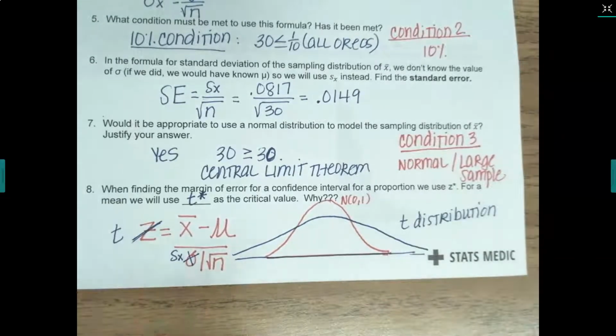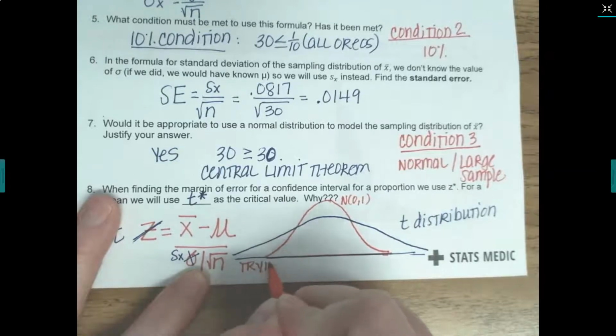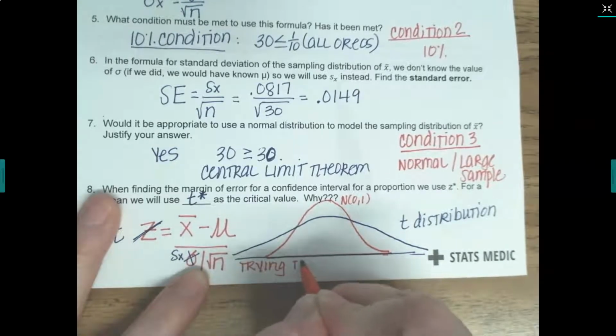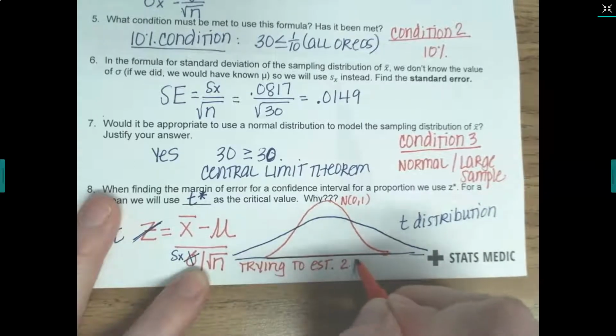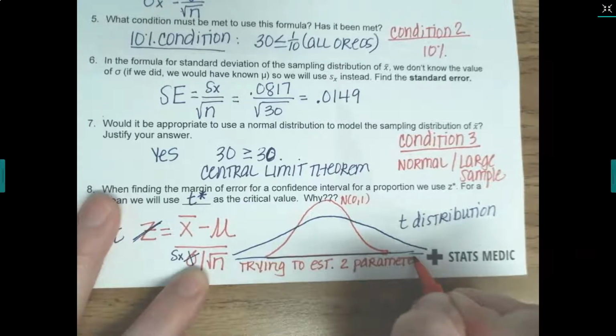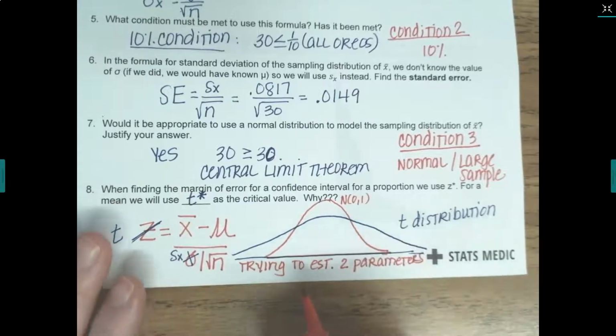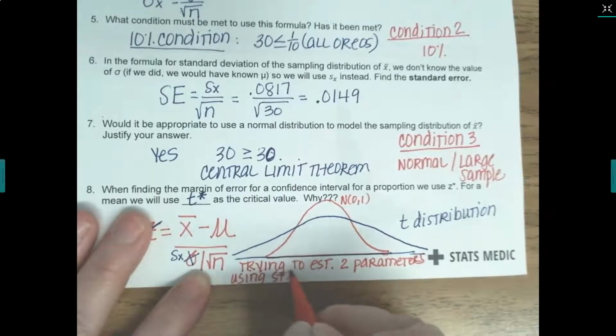Okay, and the reason we're doing that is because we're trying to estimate two parameters using statistics, so there's more variation.